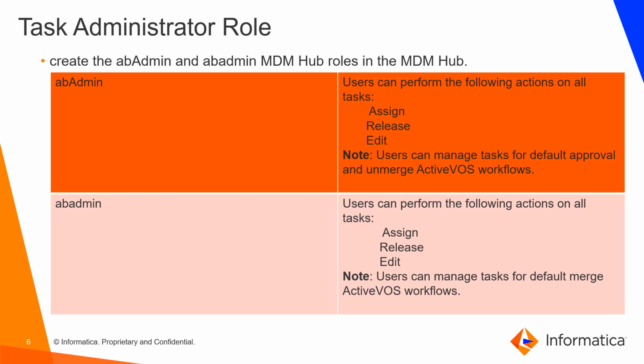This user can manage tasks for default approval and unmerge ActiveOS workflow. Second role, AB admin, second a small a. User can perform the following actions on all the tasks: assign, release, edit. This user can manage tasks for default merge ActiveOS workflow.